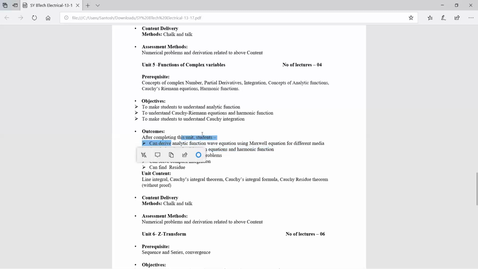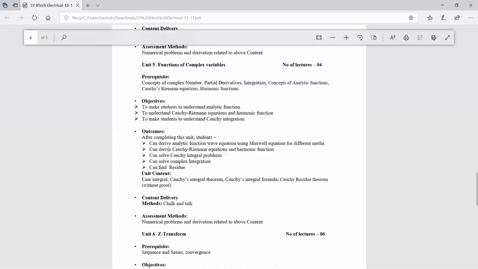Students can derive analytic functions using Maxwell equations for different media, can derive Cauchy-Riemann equations and harmonic functions, can solve Cauchy integral problems, can solve complex integration, and can find the residue of a complex function.